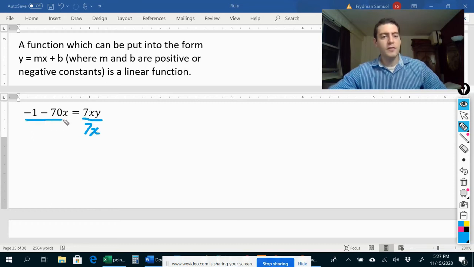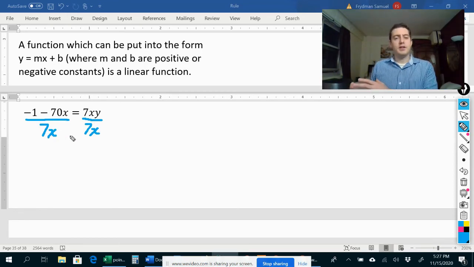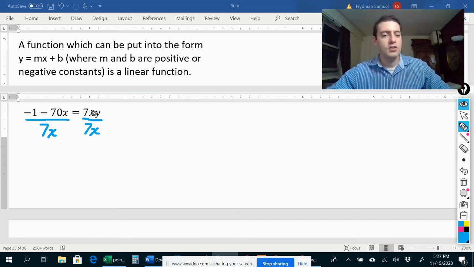Now, you have to be careful when you divide by a variable, because if there's a possibility that the variable is 0, then you're not allowed to divide by 0. But I'm just going to sidestep that little issue right now and just ignore that, and we'll just say it's okay.